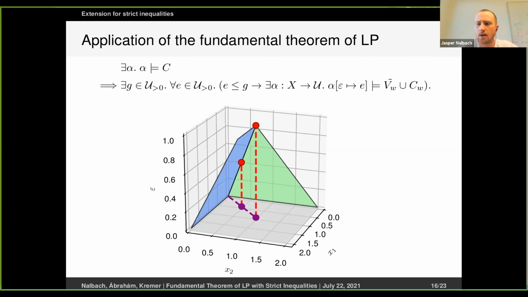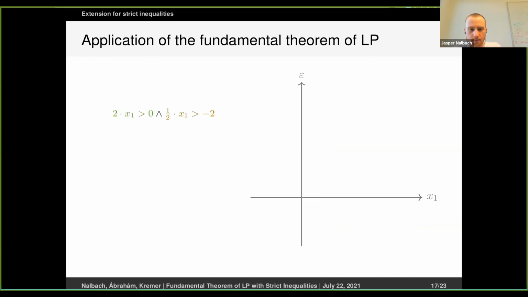So this will be our goal to prove now. In this example, this is quite simple, but we will see what the tricky part is in another example, a one-dimensional one.